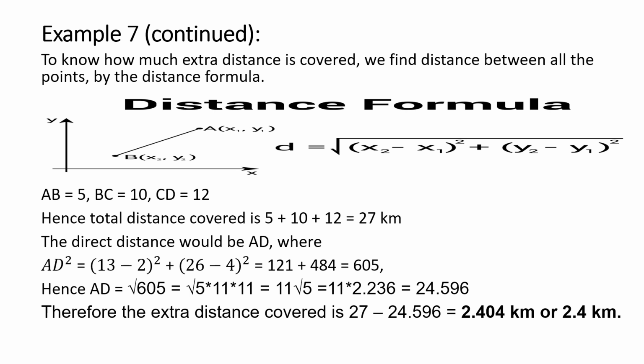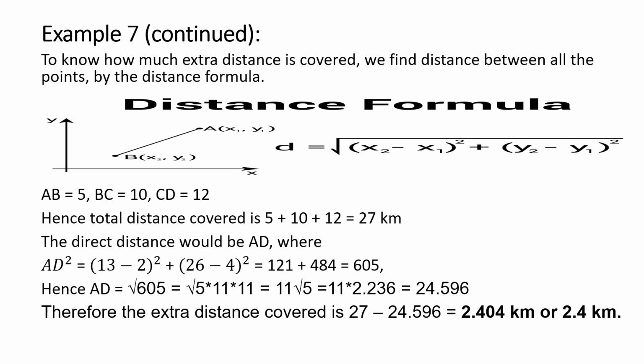We had seen in the last video the distance between 2 points is given by the square root of (x2 minus x1) whole square plus (y2 minus y1) whole square. Now over here AB is 5, BC is 10, CD is 12. This is obtained just by putting the values in the above distance formula. Hence the total distance covered is 5 plus 10 plus 12, correct?